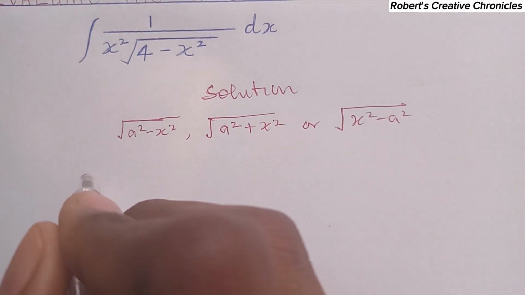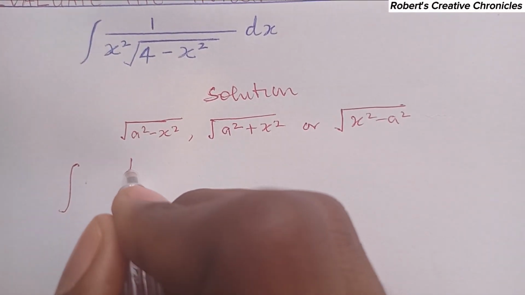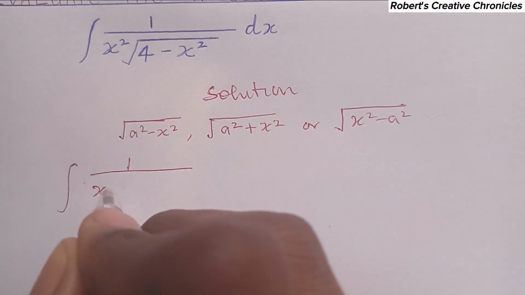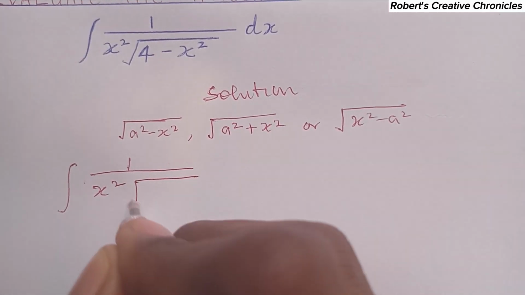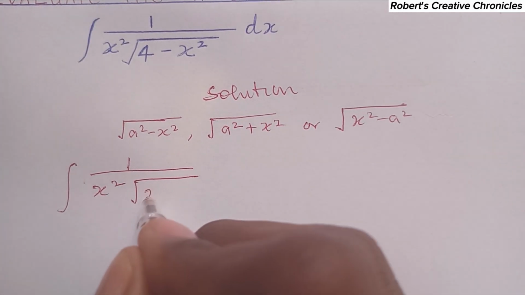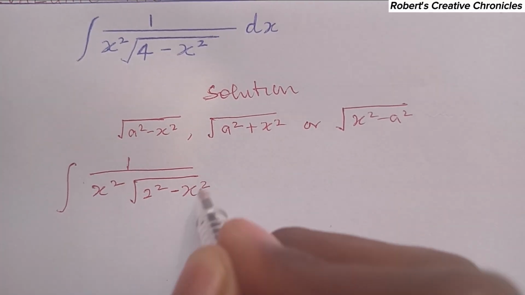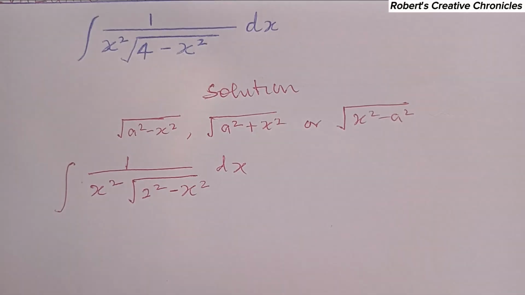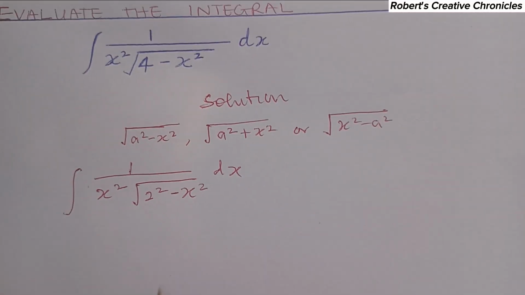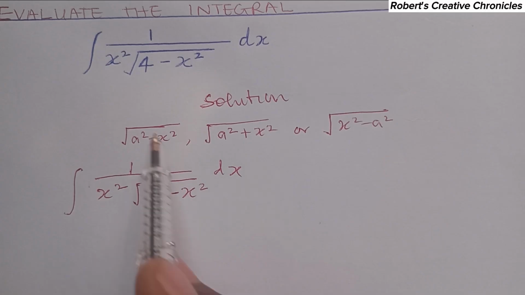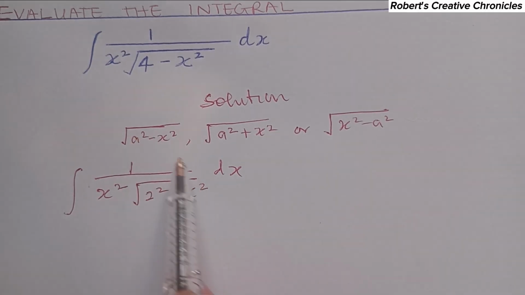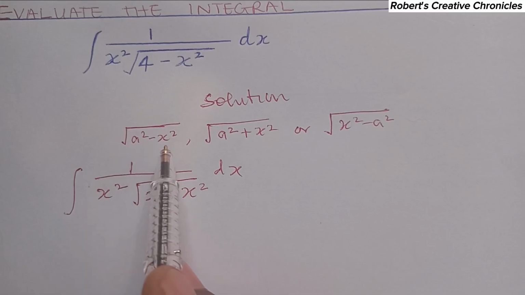So this will become the integral of 1 over x squared root of 2 squared minus x squared dx. This resembles the form root of a squared minus x squared, so we are going to use that substitution.